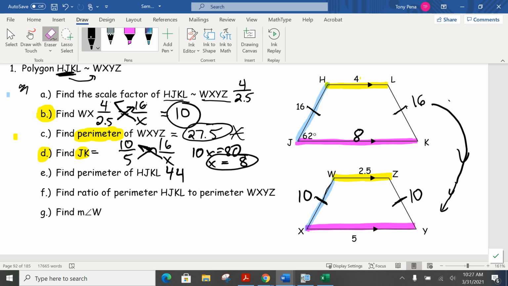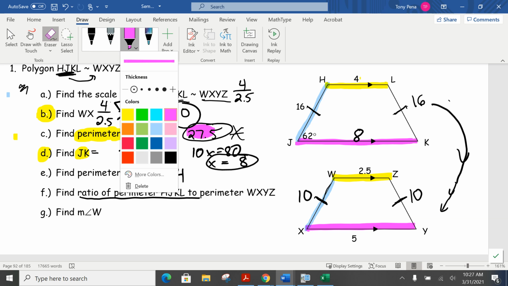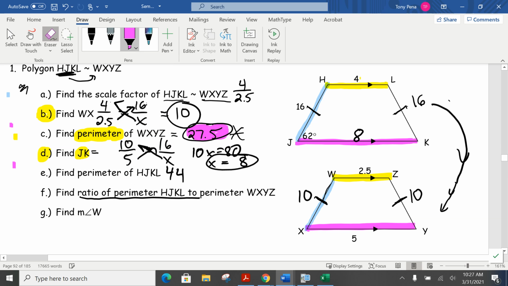All right, now it asks you, find the ratio of the perimeter of these. So the perimeter of the smaller one was 27.5. The perimeter of the bigger one, we just found to be 44. So now find the ratio of those.